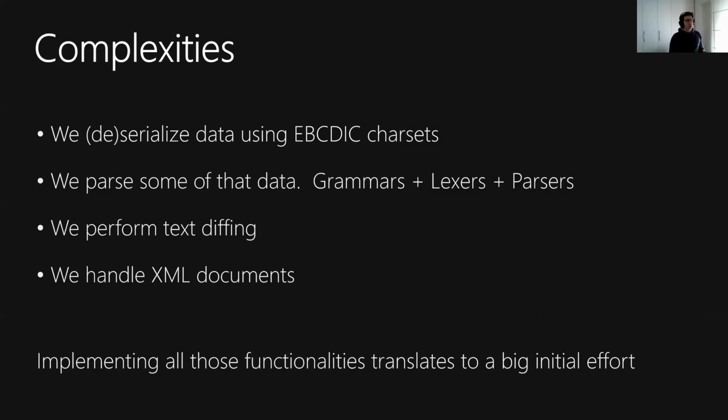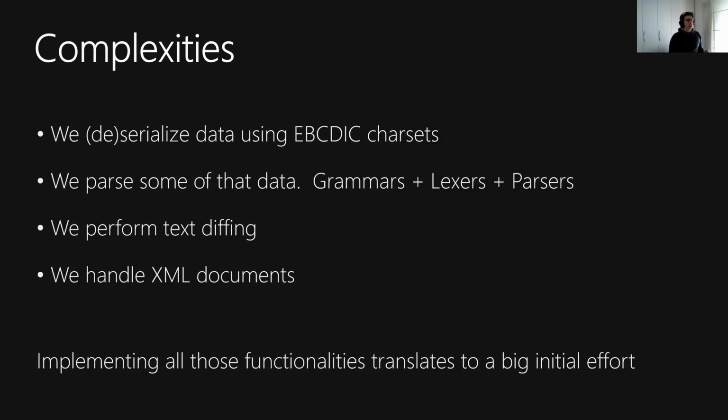Now, unfortunately, the two protocols are not just about serializing and deserializing streams of bytes. They handle some complexities behind the scenes, and some of them are highlighted here. So for example, we serialize and deserialize data using EBCDIC char sets, which are specific to mainframes.